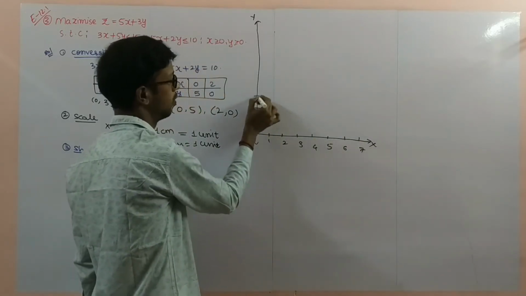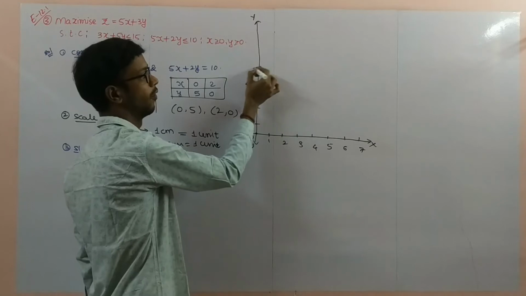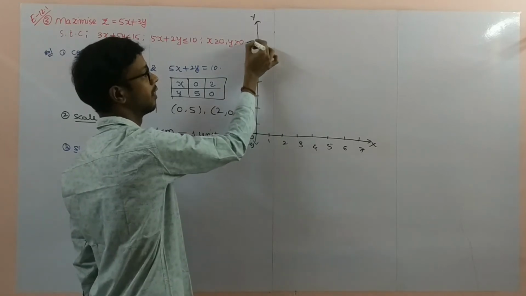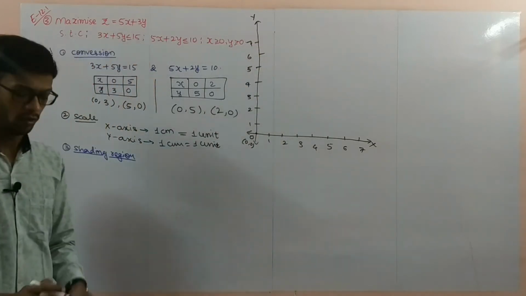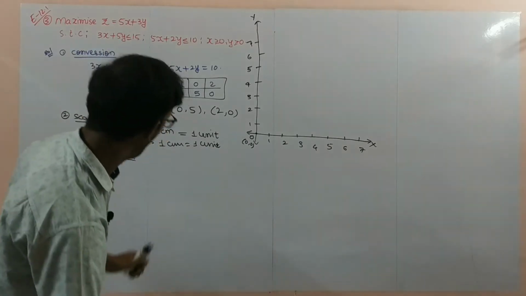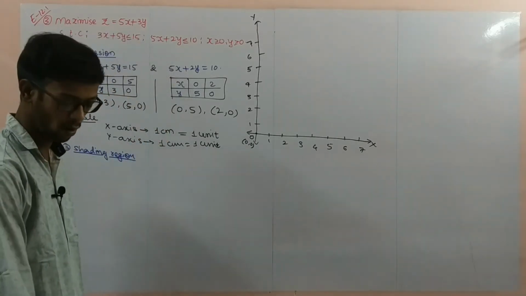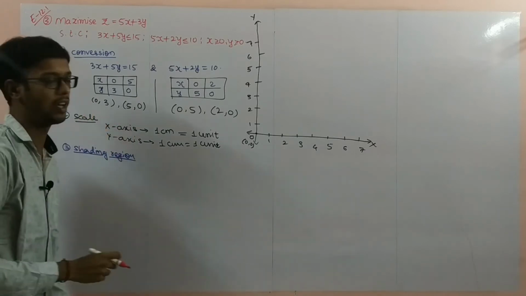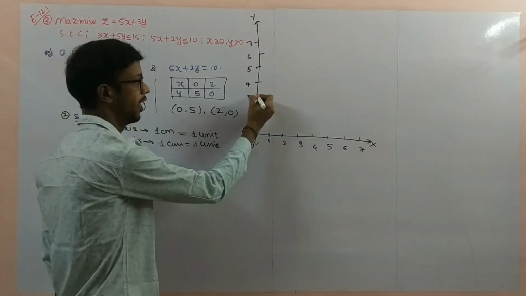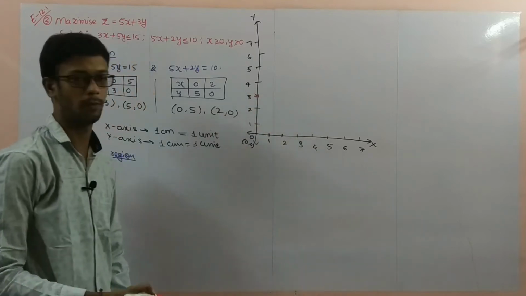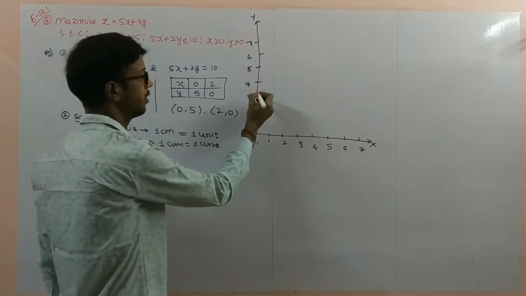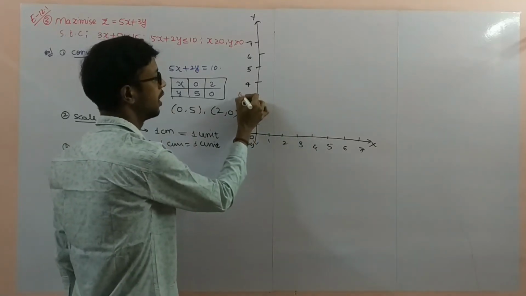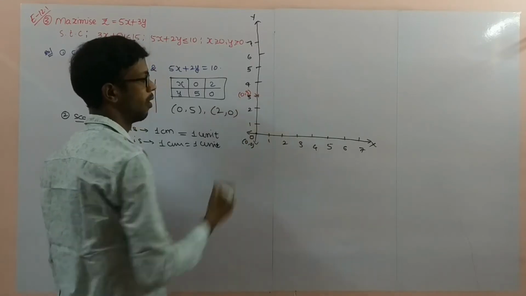First, take the first equation's points. The first equation's points are 0, 3: x value 0, y value 3. So this point is 0, 3.